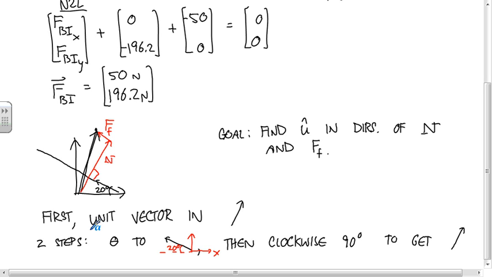So now we're here, and we're at 160. And now we're going to rotate negative 90 to get here. So 160 minus 90 gives us 70. So that's where that 70 came from. So theta is equal to 160 minus 90 equals 70.